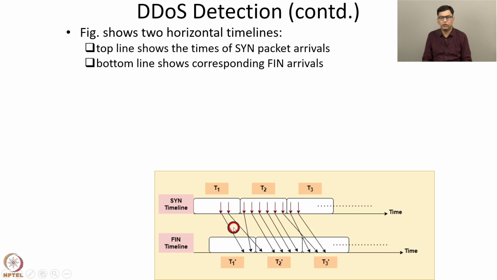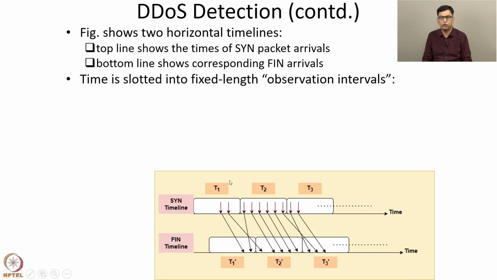These arrows show the time instants when FIN packets are received. Notice that there is a correspondence between SYN packets and FIN packets. For example, first a SYN packet is received for this connection, and then this is the FIN packet for the same connection, and this is a SYN packet for this connection, and this is the FIN packet for that connection, and so on and so forth.